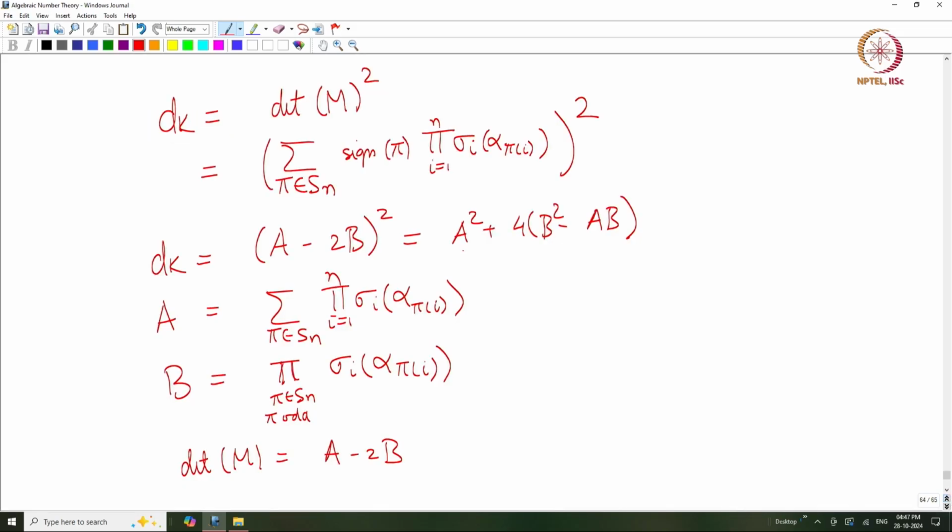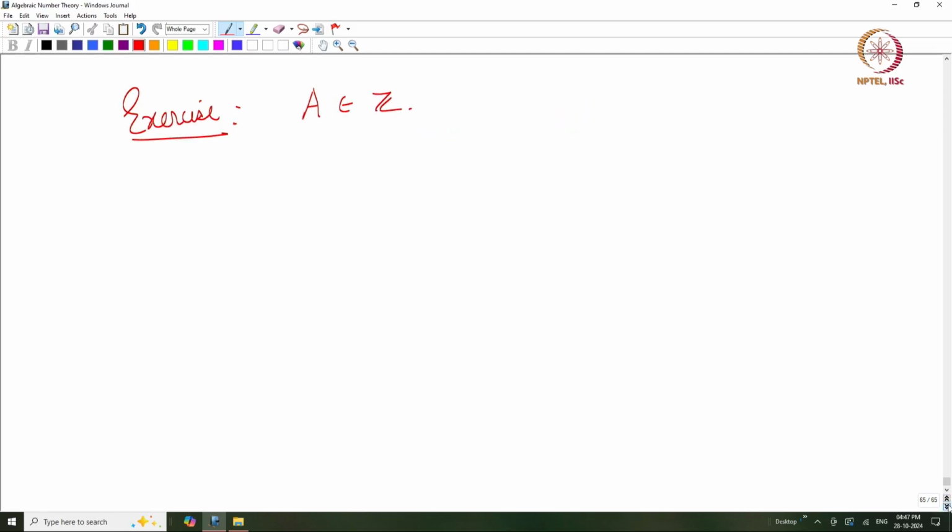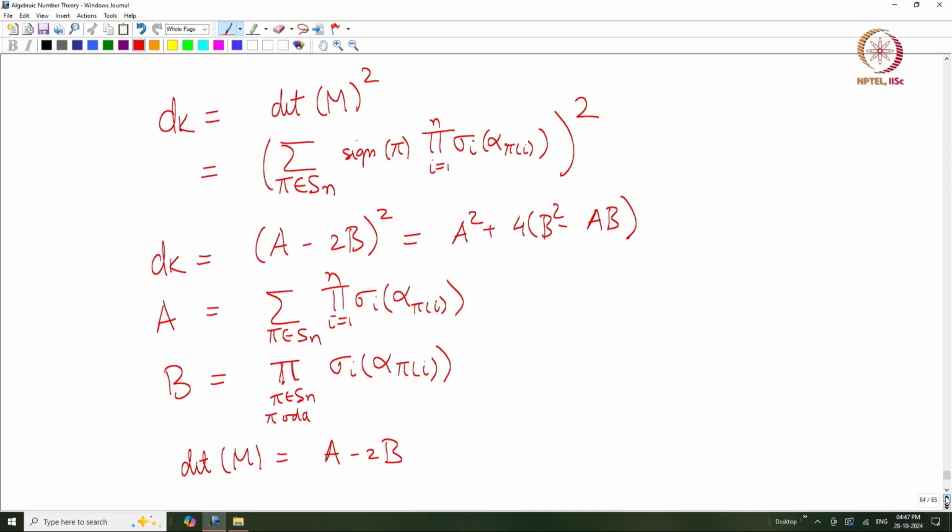Now, A is in Z and dK is in Z. So, 4B squared minus 4AB is also in Z, and I can forget about this. So, this is a priori a rational number. For B squared minus AB, you cannot use the Galois invariant argument. The argument that you have to use is that B squared minus AB is (dK minus A squared) divided by 4.